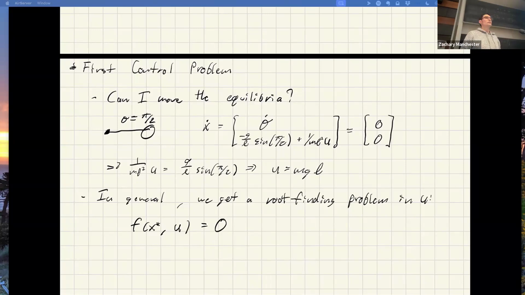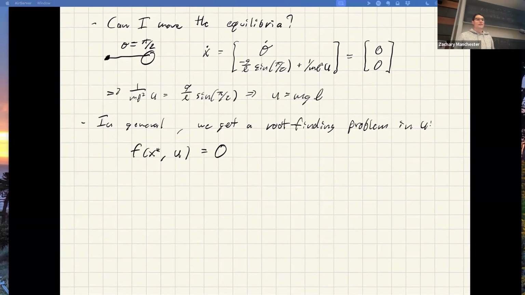Sound good? Questions, thoughts? So this is one viewpoint on control, which is that you can think about a dynamical system, this f of x, u thing, as a vector field in the state space. And this u, you plug a feedback policy in there. What you're really doing is using your control to change the vector field and change it into a dynamics that you like, right? That's one viewpoint on this game. Okay, everyone cool with that?